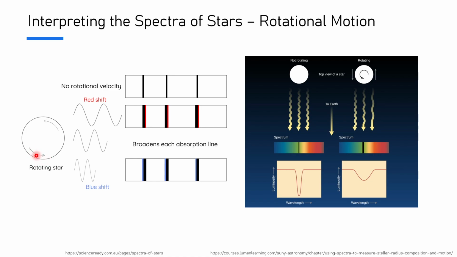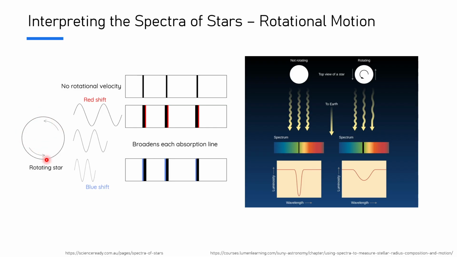And then on the other side of the star, some of the light is going to be ever so slightly blue shifted. And that blue shift is going to be because this part of the star is moving towards the Earth. Again, this is all relative velocity, so that doesn't mean that part of the star is moving away from the Earth and part of the star is moving towards the Earth, because if the whole star is moving away, then overall it's moving away, and if the whole star is moving towards, then the whole star is moving towards.